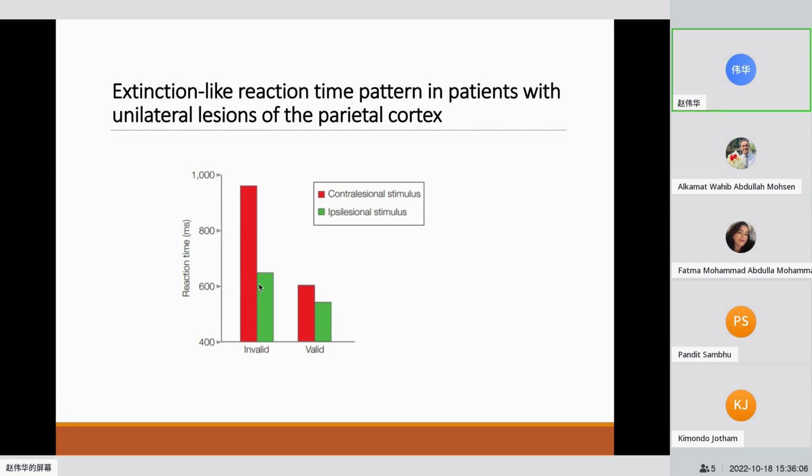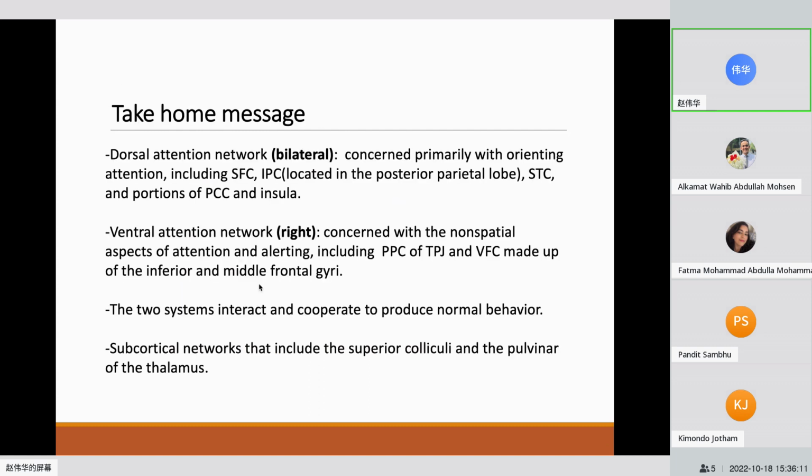So in all, here are some take-home messages. The first one is about the attentional network, including two separate systems. One is the dorsal attention network, more involved in bilateral regions. It's concerned primarily with orienting attention, including several brain regions such as SFC, IFC, STC, PCC, and insula.